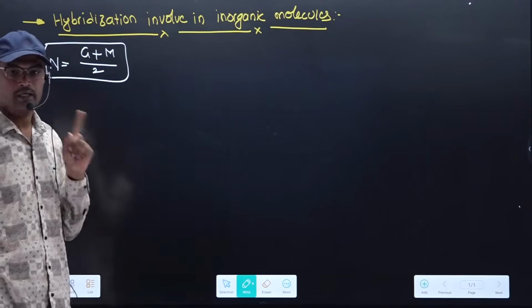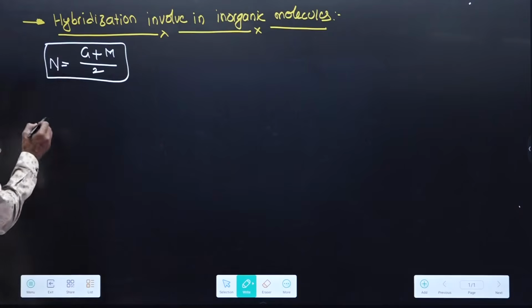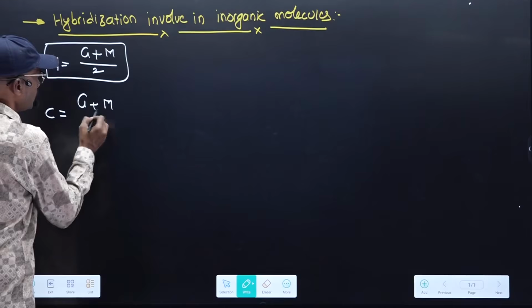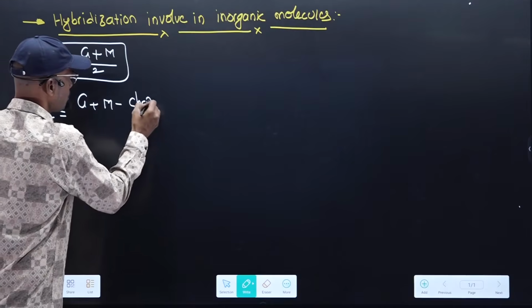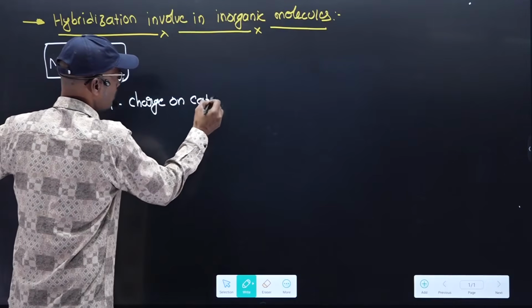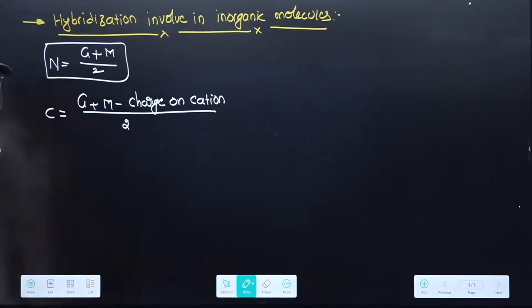Having only one valency, such as hydrogen and halogen. Clear? So, suppose if it is a cation, group number plus monovalent minus charge on cation, divided by 2. Here you remember, charge on cation. This is the formula.